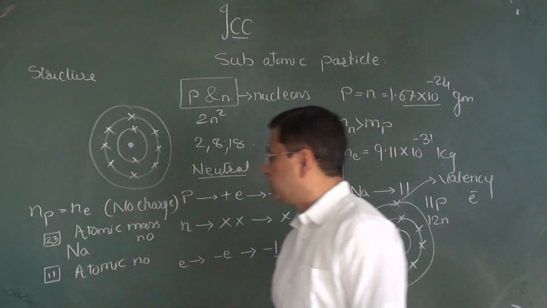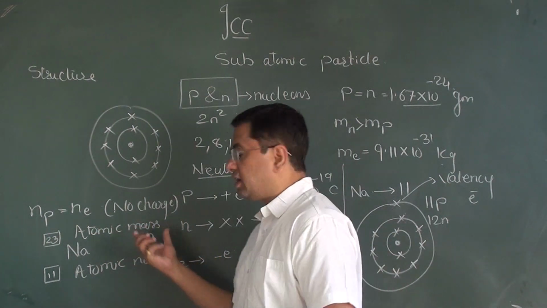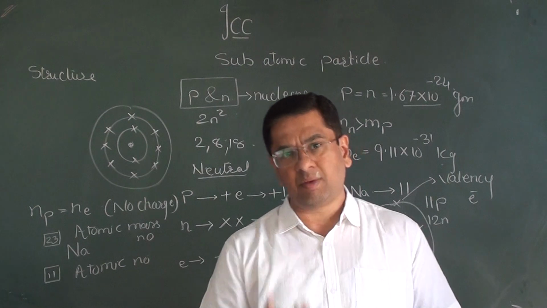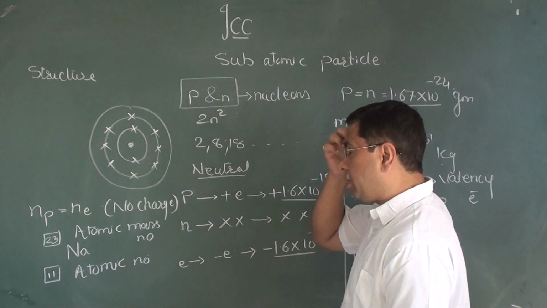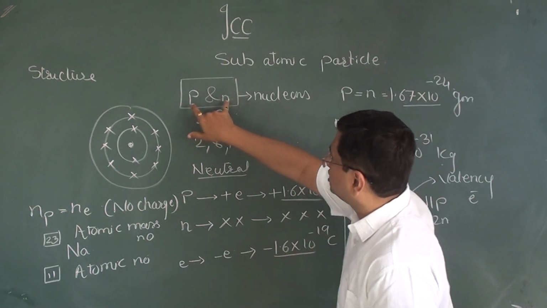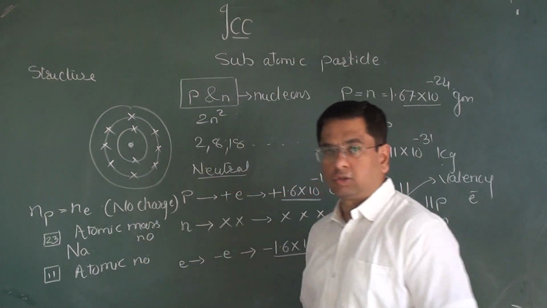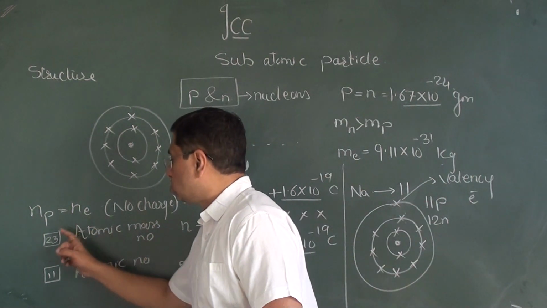And what does this represent? Atomic mass number, the word itself tells you everything. It is representing mass. What is contributing mass? The subatomic particles which contribute to mass are protons and neutrons. So the atomic mass number is 23.